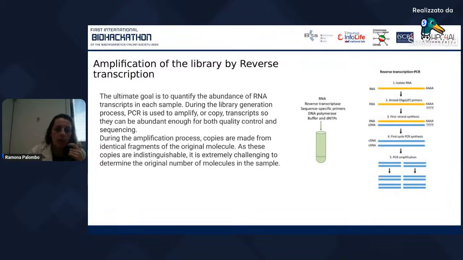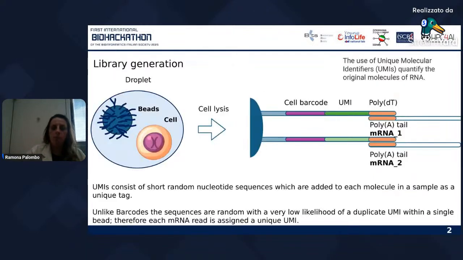But to obtain a library, we have to use reverse transcription, which is made by a specific enzyme, the reverse transcriptase, that uses a template of RNA and a primer of dT to obtain the first strand, which is a complementary copy of the RNA. Then for further amplification with PCR, we have also the synthesis of the other strands, and so the amplification of the same region of the same transcript.